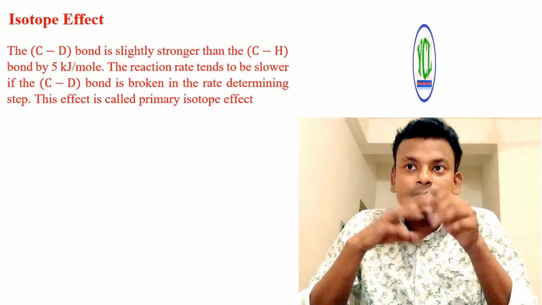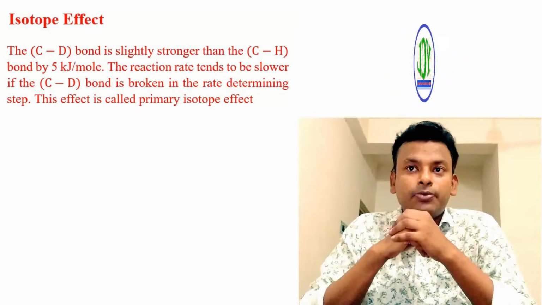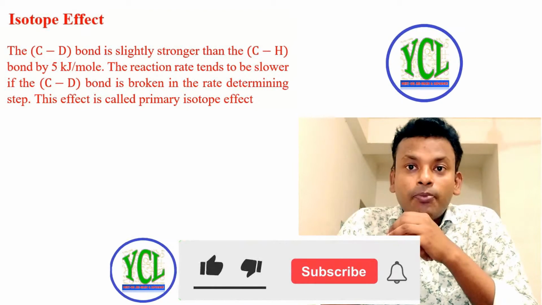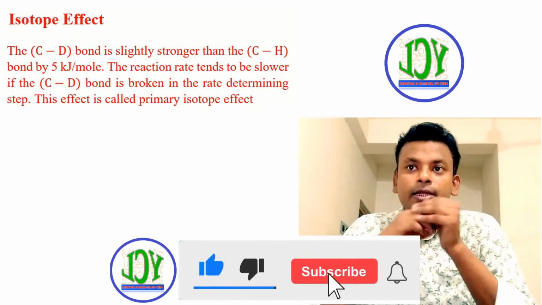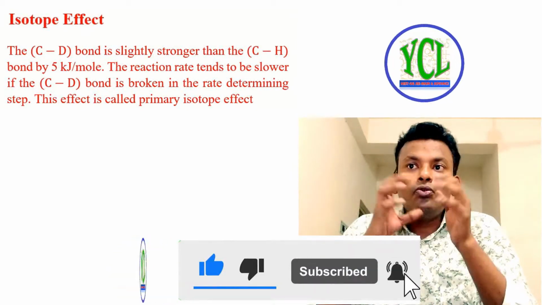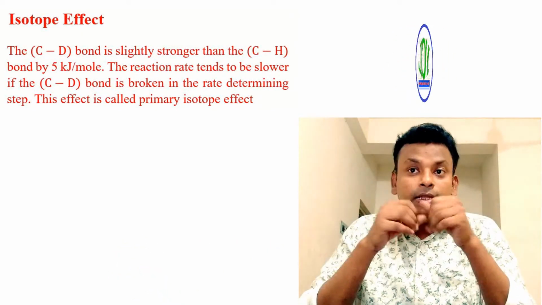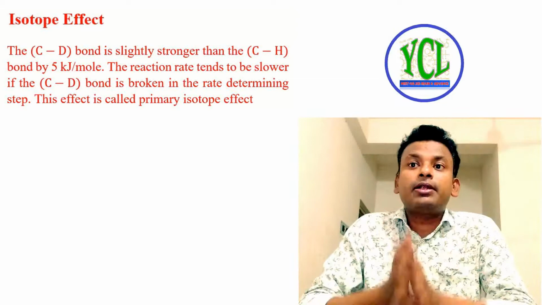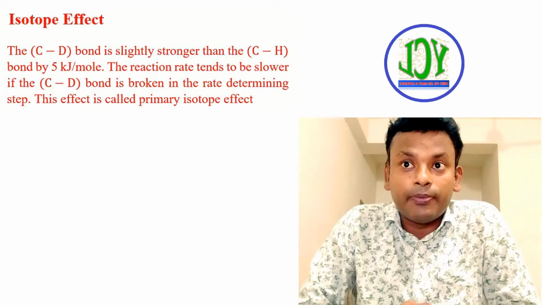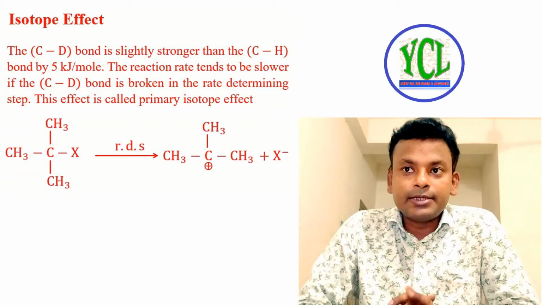Isotope effect. The C-D bond is slightly stronger than the C-H bond by 5 kJ per mole, so the reaction rate tends to be slower if the C-D bond is broken in the rate determining step. This effect is called the primary isotopic effect. And this is the example.